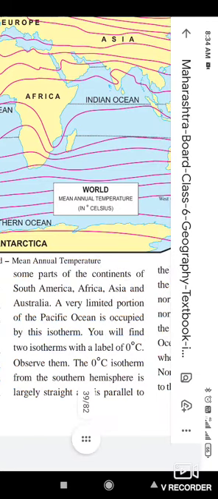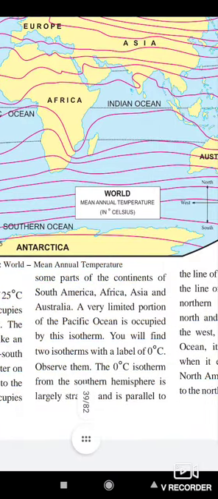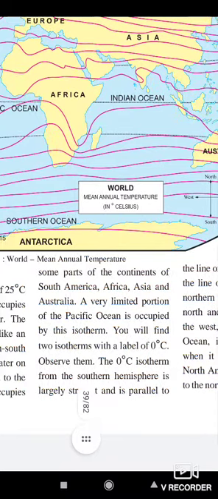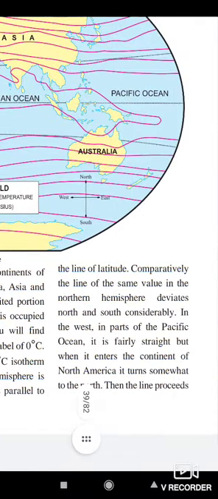You will find two isotherms with the label 0 degrees Celsius. The 0 degree Celsius isotherm in the southern hemisphere is largely a straight line parallel to the lines of latitude.